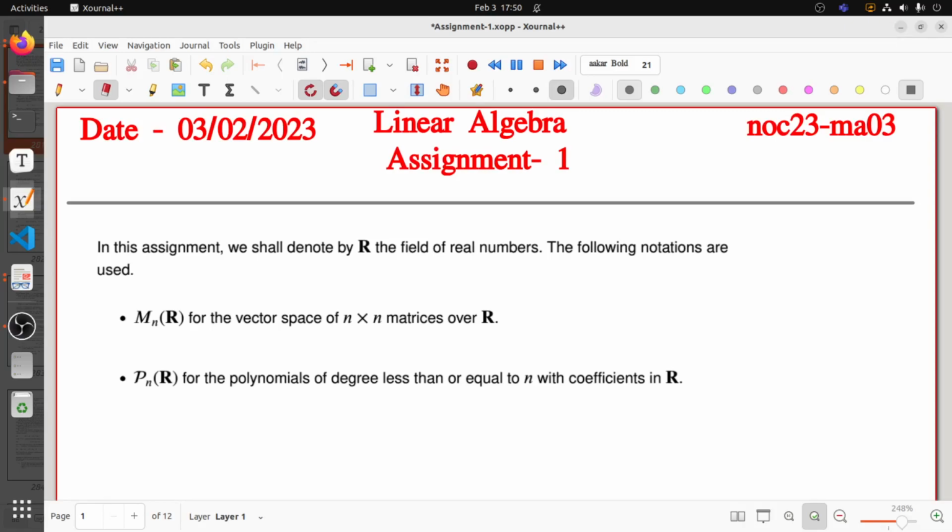So let's do the fourth one. What is it saying? U is x squared minus 1 and S is 1 minus x and 1 plus x. You have to check, does U belong to the span of S? So means can we write x squared minus 1 as some A times 1 minus x plus B times 1 plus x?